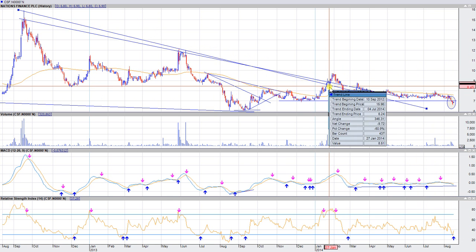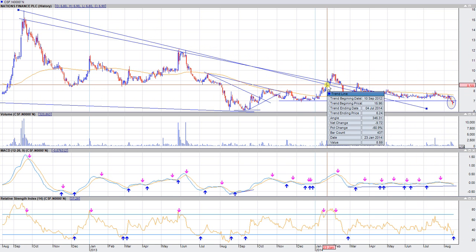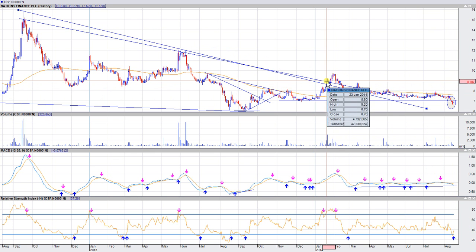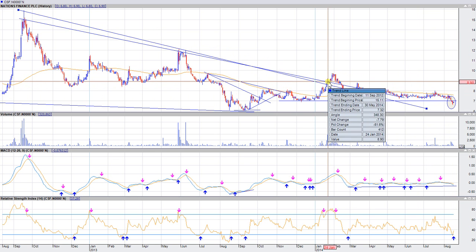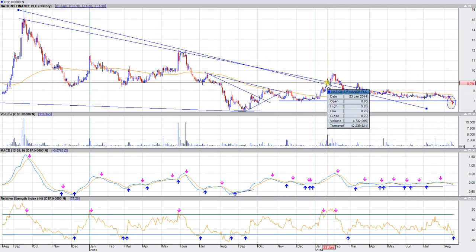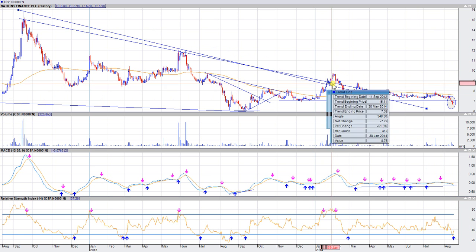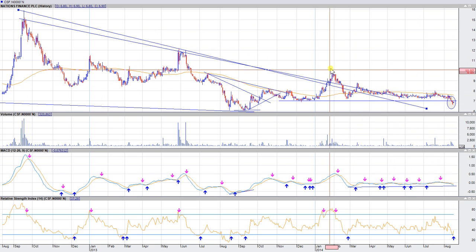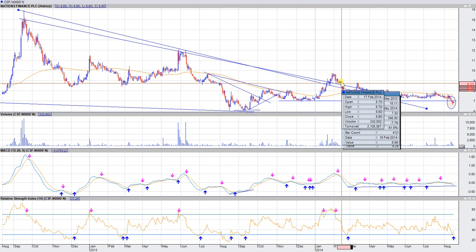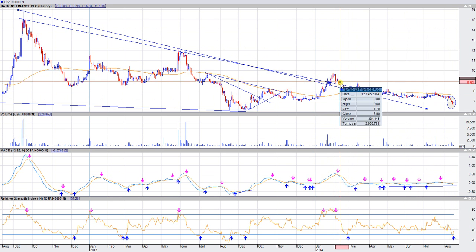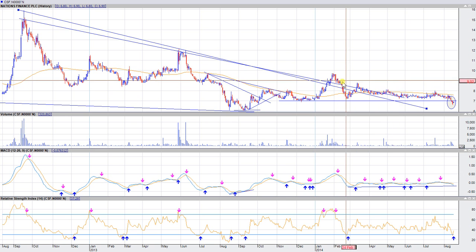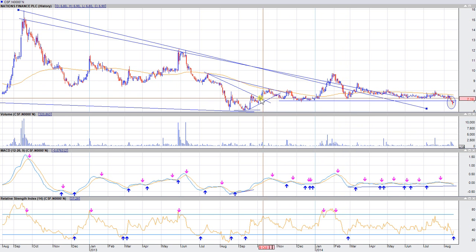Yes, so basically we're talking about 860 and 9 rupees. So this was the exit point. Look, it tested the resistance but was not able to successfully break out and stay on course, and we started seeing some sell-off here. Okay, so he should have exited at that time. So that's about it.